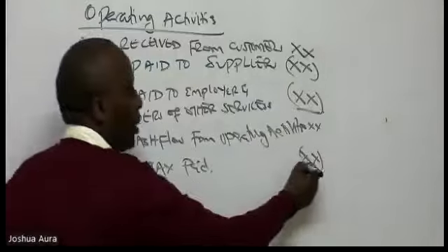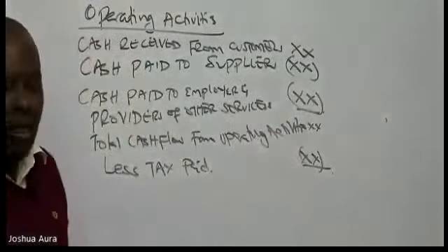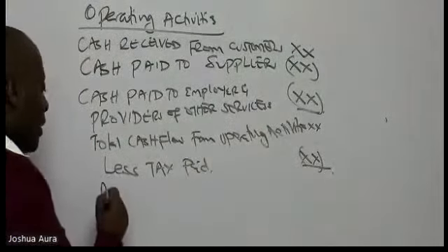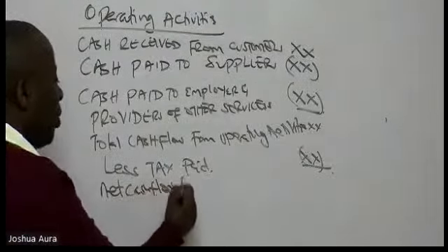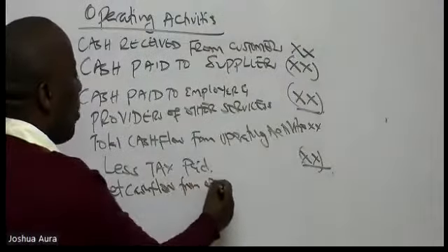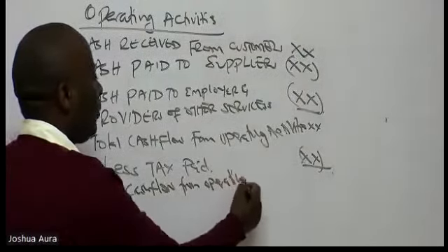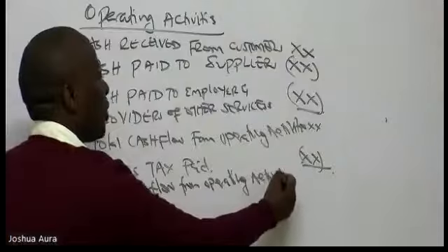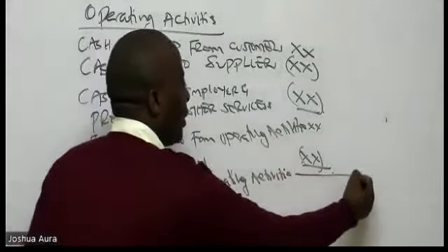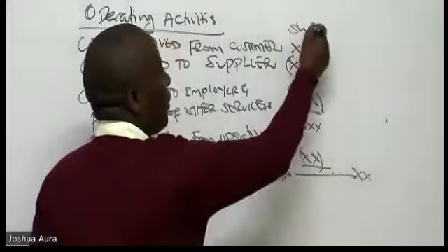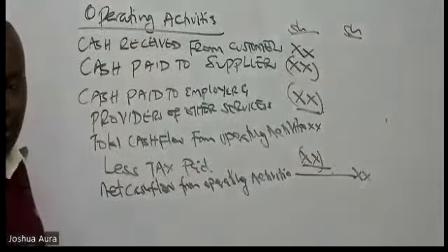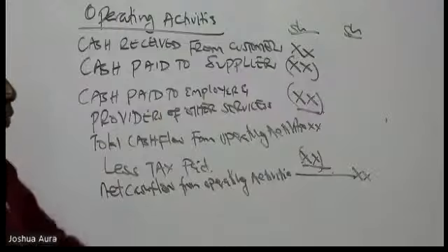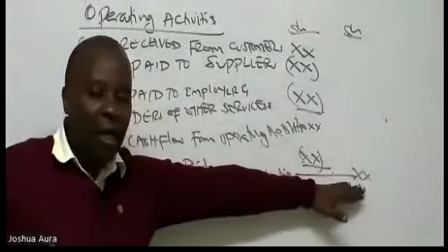Out of this subtraction, the net amount we shall get, we shall call net cash flow from operating activities, which we shall transfer to this other column. Remember, here we have shillings. So the net cash flow from operating activities, we shall take here.